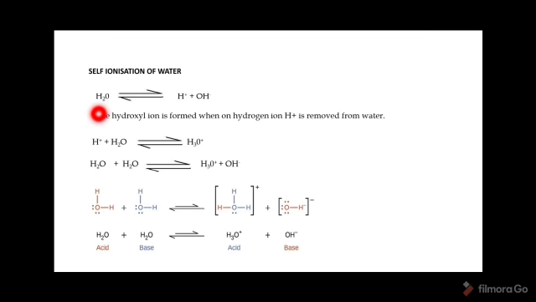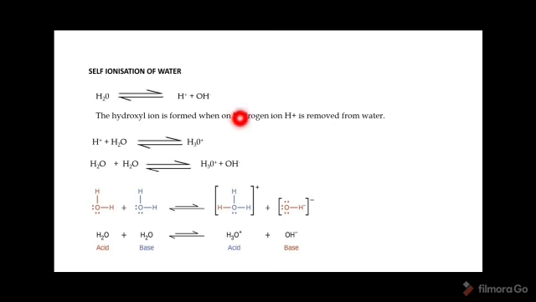Self-ionization of water. Water dissociates into H+ and OH-. The hydroxyl ion is formed when a hydrogen ion H+ is removed from water. So when H+ is removed from water, it produces the hydroxyl ion OH-.